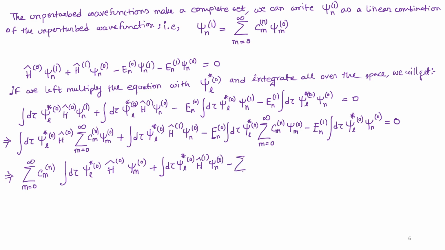Again I am taking my summation outside so that I can write these terms: d tau psi L star zeroth with psi m zeroth, minus En1. There is no change to this term.